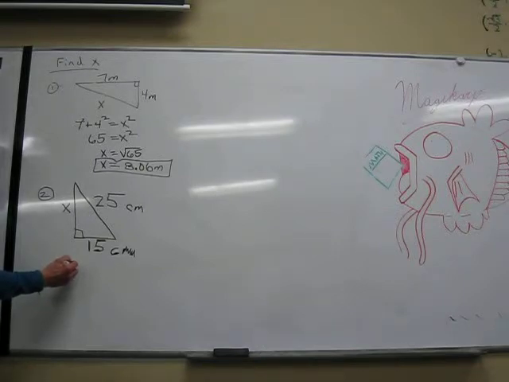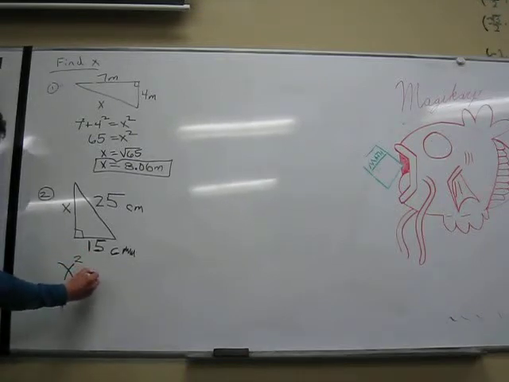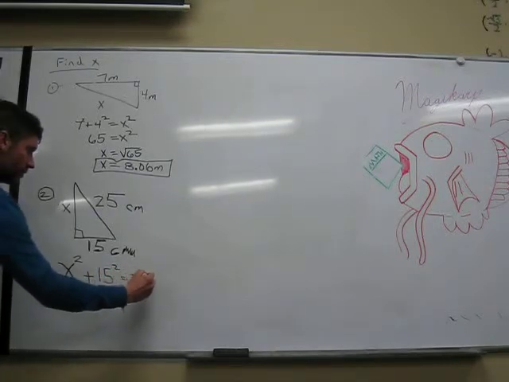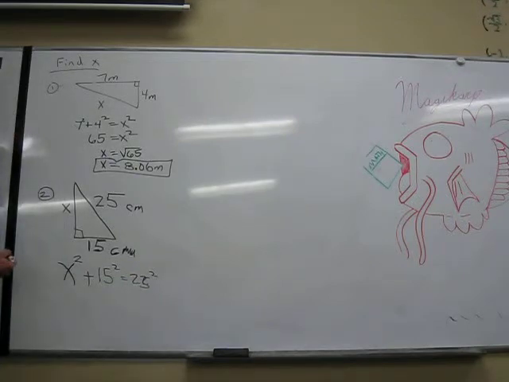So, x squared plus 15 squared equals 25 squared. That's fine. Now some people make the error and they take the square root right away.